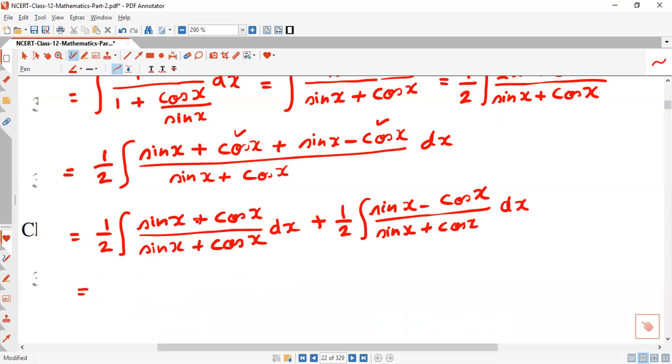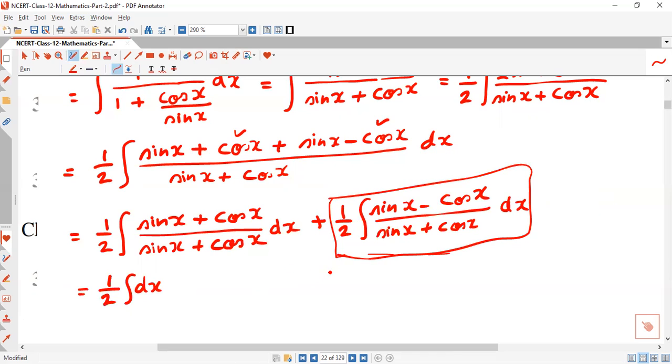So the first part will be cancelled out. You can say this becomes half integration of dx, plus the second part.